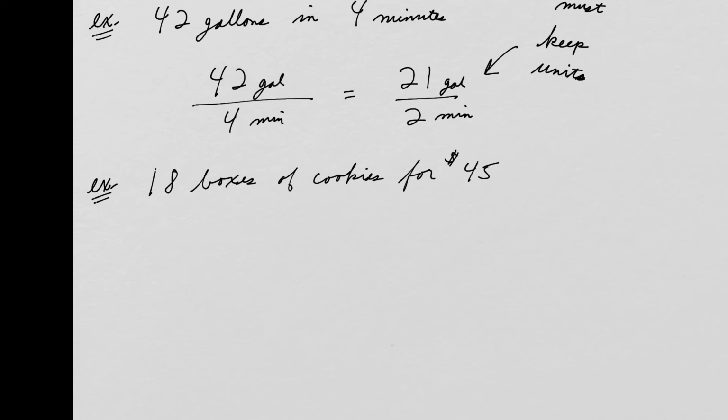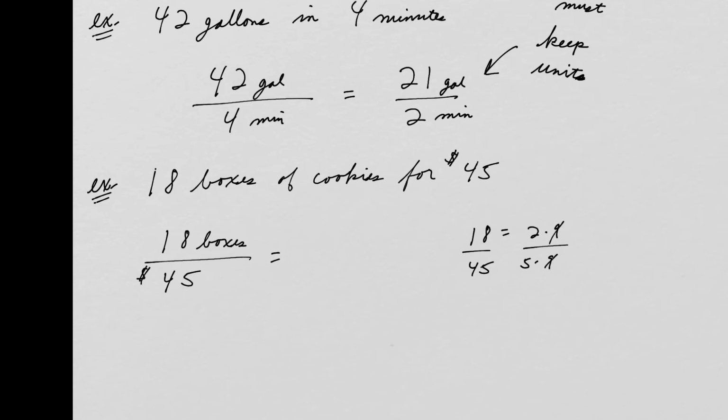Okay, so I formed the ratio, 18 boxes over $45. Now here it looks like I can simplify that, because 9 goes into both of them. You can think of 18 as 2 times 9, and then 45 is going to be 5 times 9, so the 9's cancel.